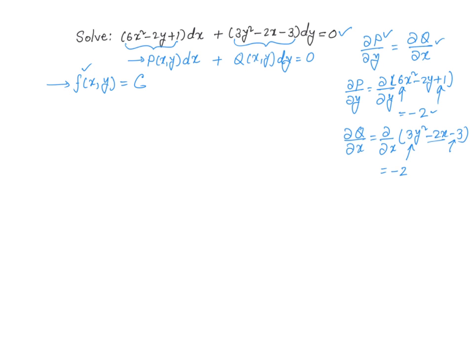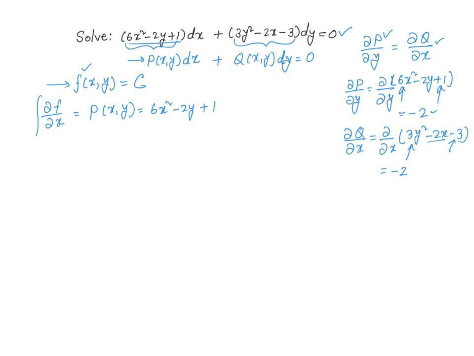So del f over del x is equal to P of x comma y, which is 6x squared minus 2y plus 1.